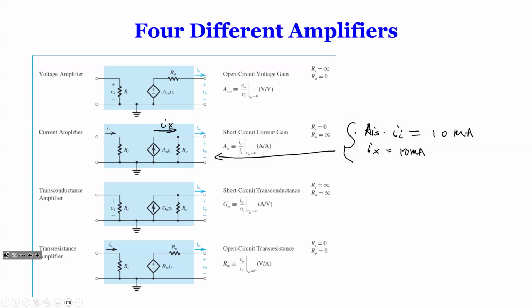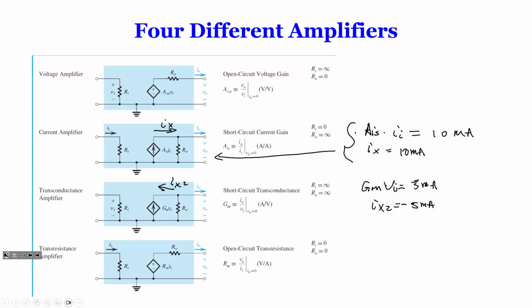It's the same direction. But I'm going to do another example here. I'm going to mark IX this way. So if this GM times VI equals, I'm going to get a different number, 5 milliamps. How much is IX? Let's call it IX2. Is it going to be 5 milliamps?